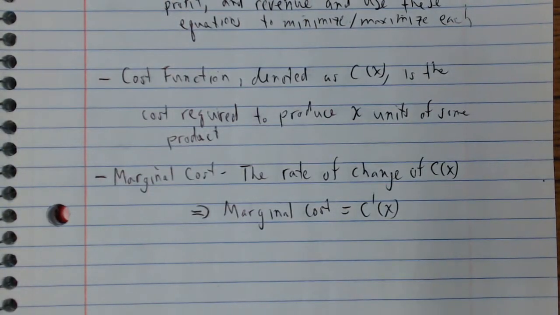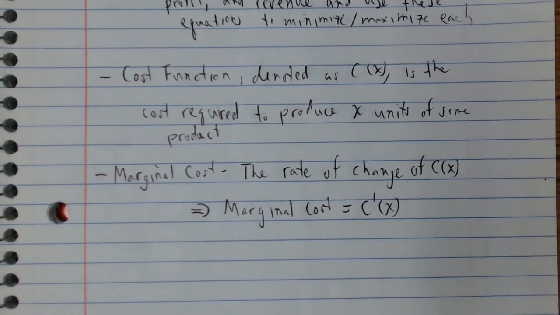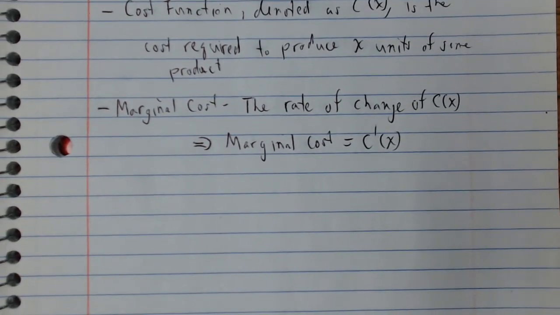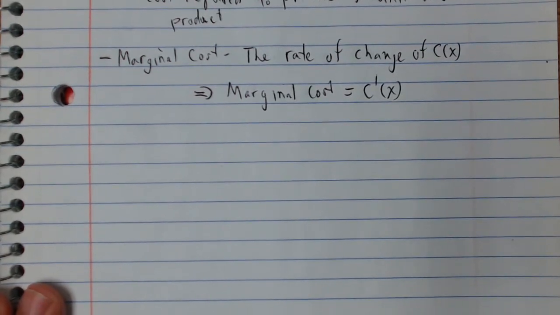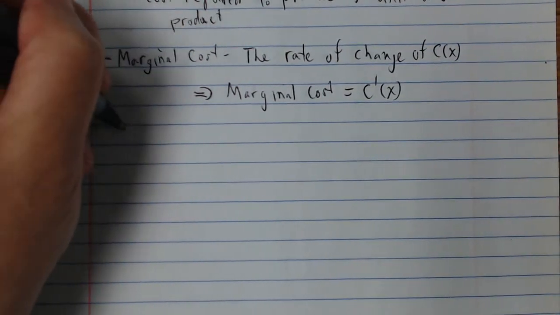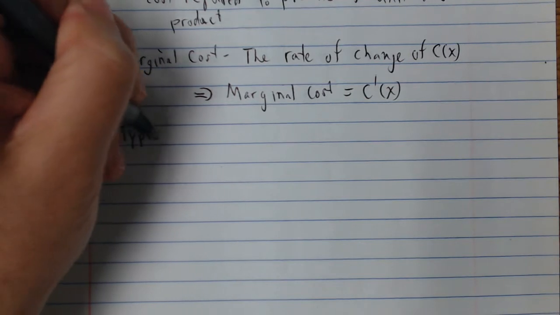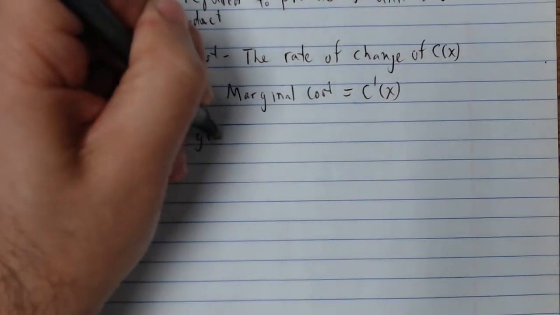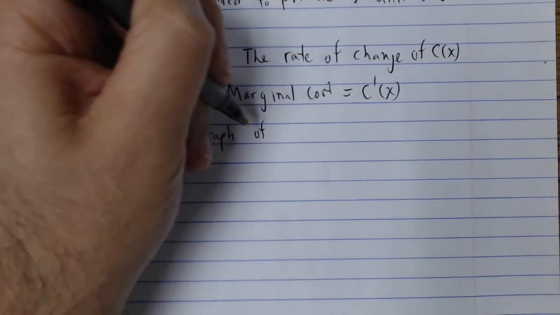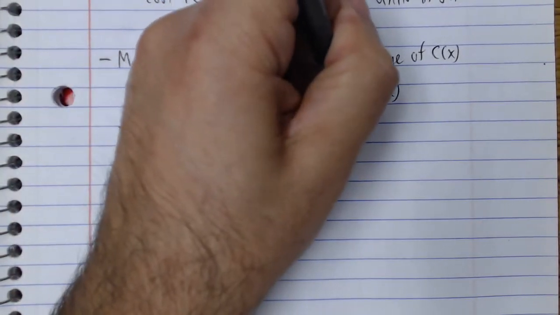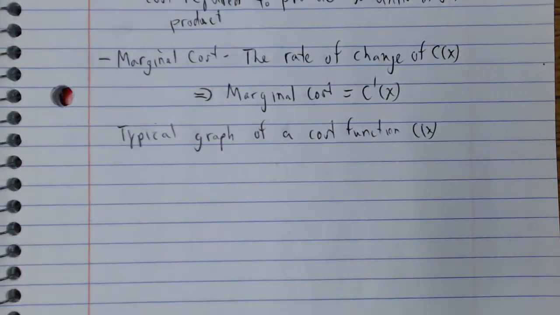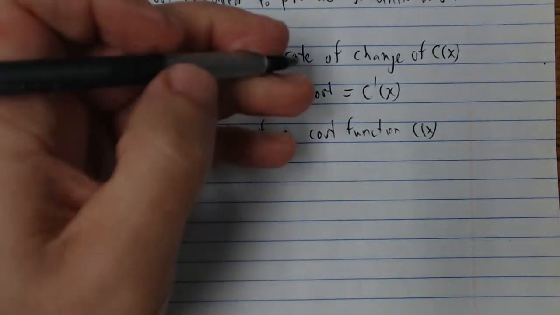Okay, so before we move any further, I want to give us a typical idea of what the graph of the cost function usually looks like. Now, it's not like this for every case, but usually we should expect a typical graph of a cost function, C of x, to have this characteristic.